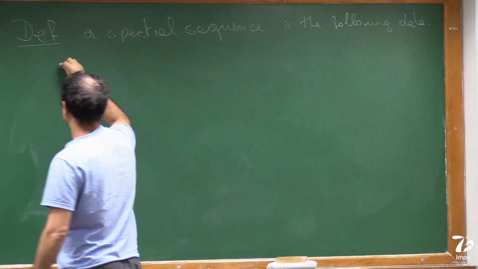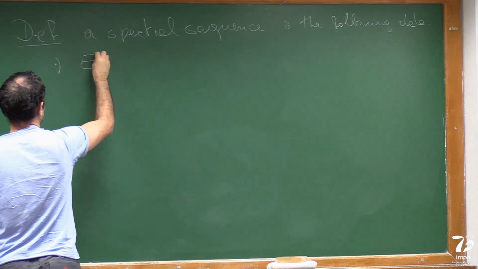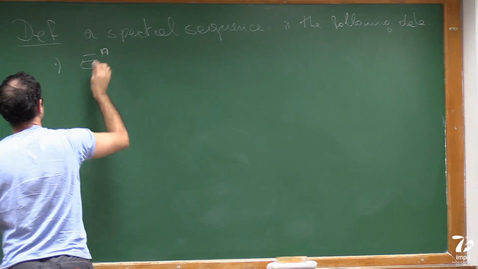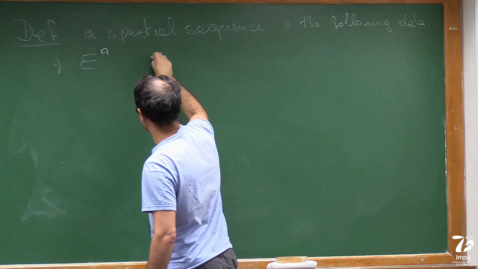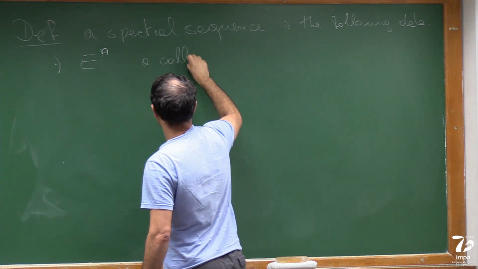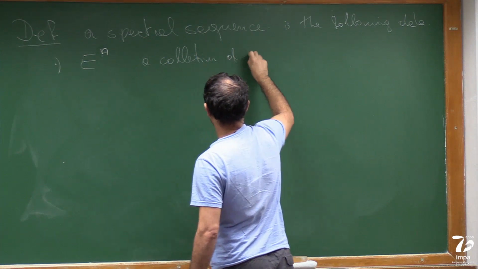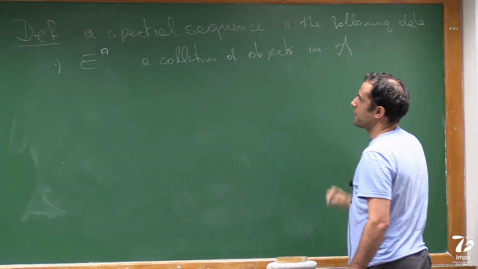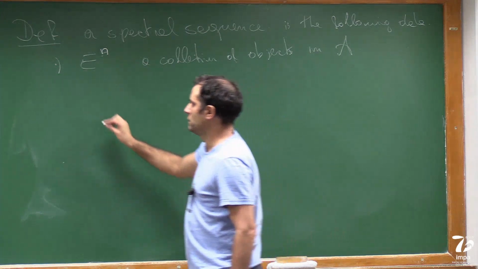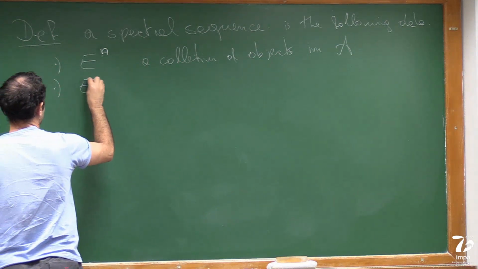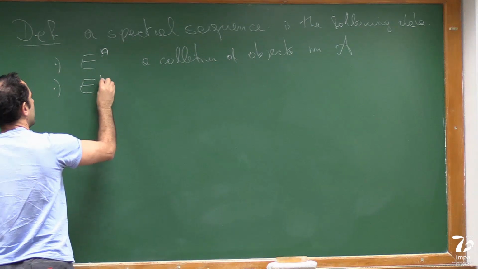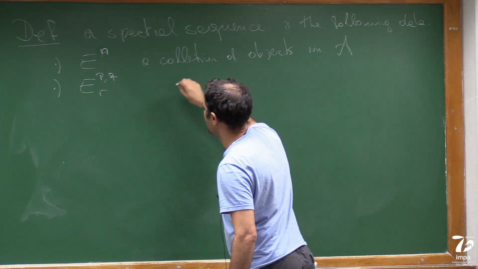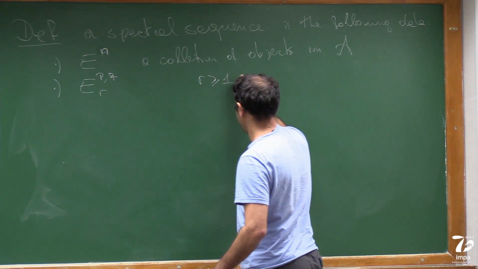So I will have, let's put it like this, E^n, a collection of objects in your abelian category A. I will have another collection, E_r^{p,q}, which is another collection of objects, and here r is bigger or equal than 1.